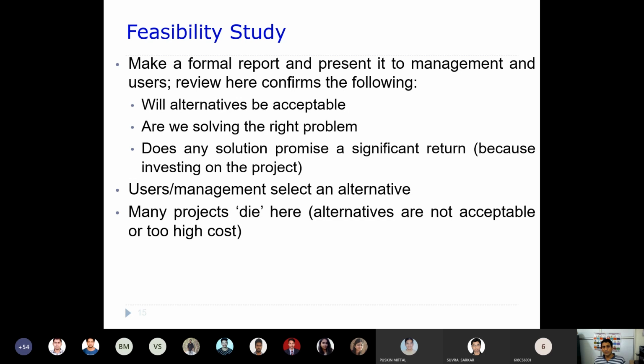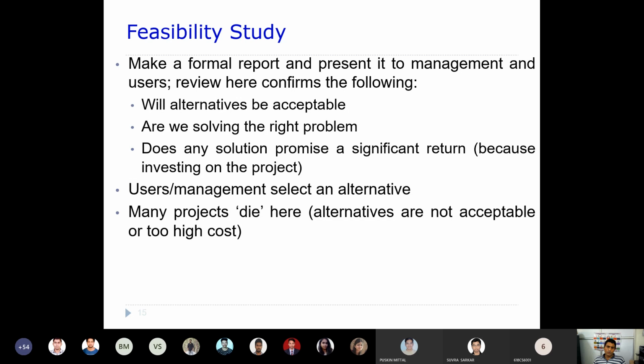After going through the study, the alternatives, and the cost benefits, you make a formal report of those things and give it to the management and users, and they need to review it. After reviewing that report, they should state whether the findings are okay to them or not.